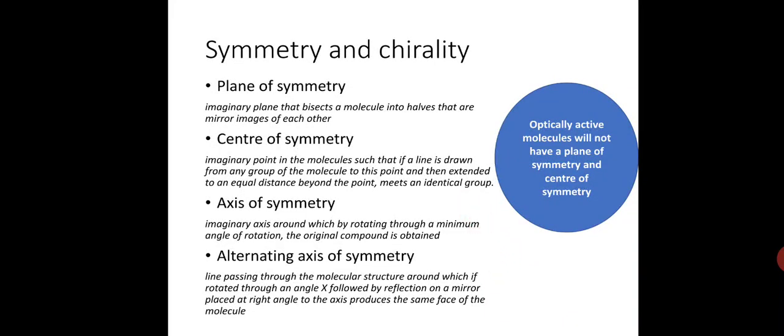It is a line passing through the molecule around which, if rotated through the angle x followed by reflection in a mirror placed at right angle to the axis, it produces the same phase of the molecule. So here you have 2 symmetry operations, one is reflection and another one is rotation. Using these symmetry elements, you can predict whether the molecule is chiral or not.